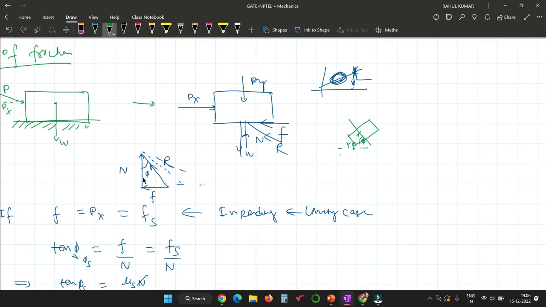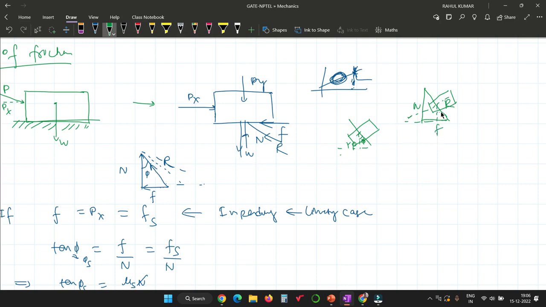Suppose in this triangle, it is R, here N and F. Suppose you are realizing this block like this.